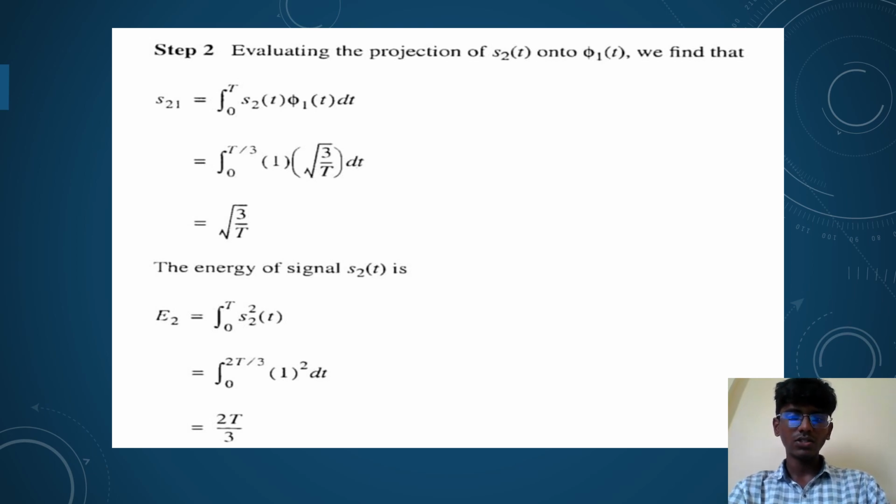The energy of the signal s2 of t, e2, is equal to the integration 0 to T of s2 square of t. This we derived in the previous derivation of step 1. E2 is equal to 2T by 3 from the further derivation of the formula.